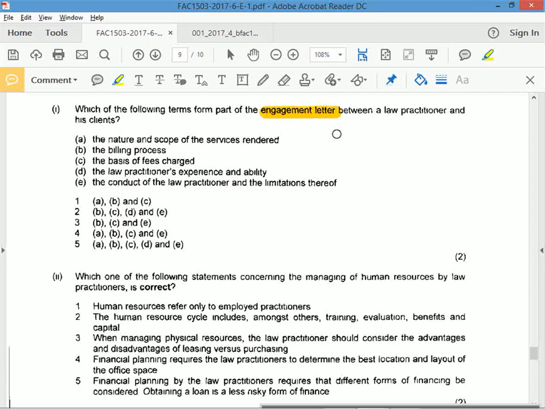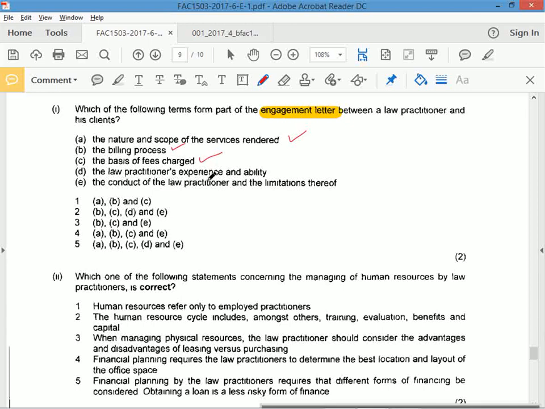Okay, notice these are all those chapters at the end of your study guide that Unisa likes to ask. Right, do we need to define the nature and scope of the services? Definitely. Billing process? Yes, it would be part or something that you'd have to explain to the client. How do we bill? Basis of fees charged, that will be part of the engagement letter because you need to tell them how much they're going to be charged.